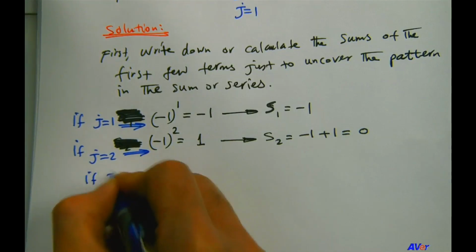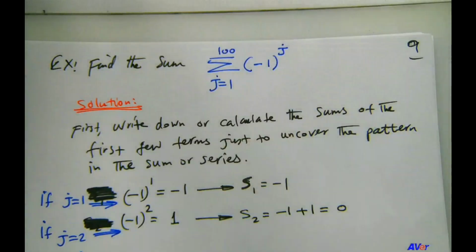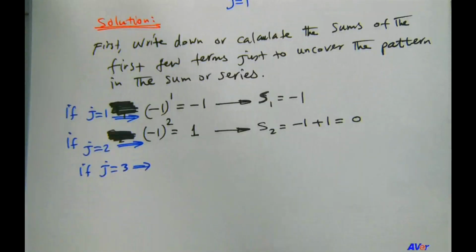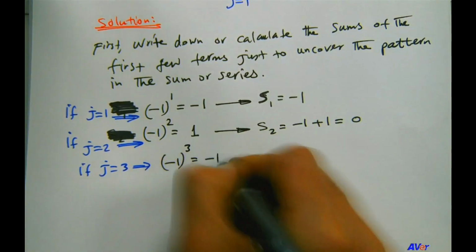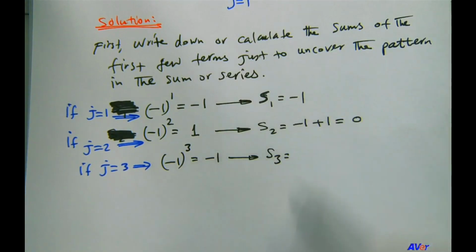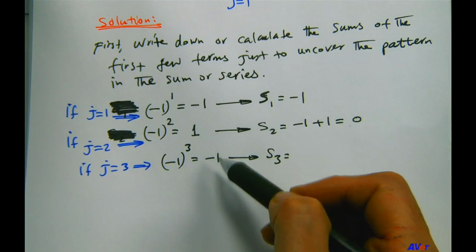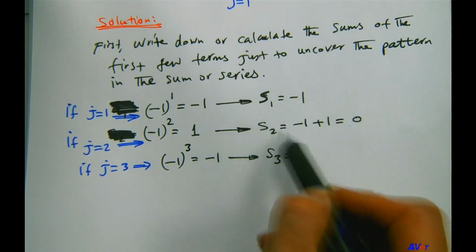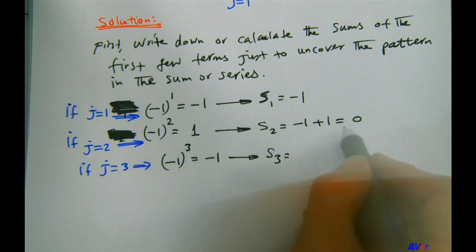If J equals 3 in this formula, then we have minus 1 cubed, which is minus 1. So S3 would be the sum of the first three terms, negative 1 plus 0 plus negative 1.